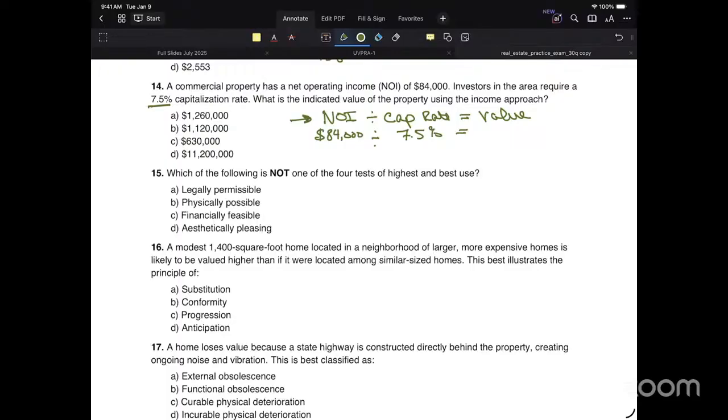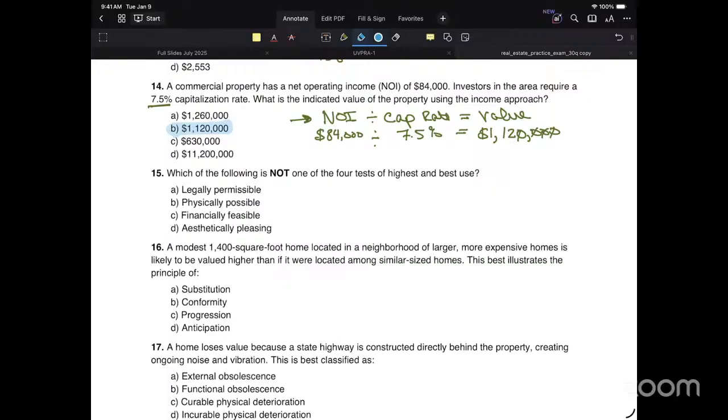And that gave me $1,120,000. And we can see that matches our answer B, $1,120,000. We're on a roll.